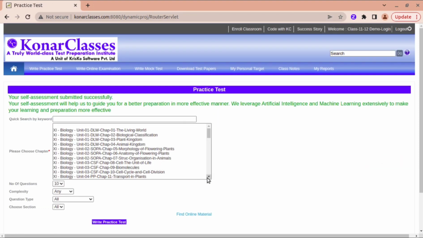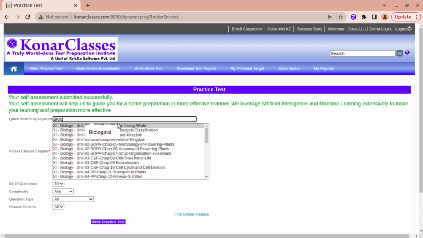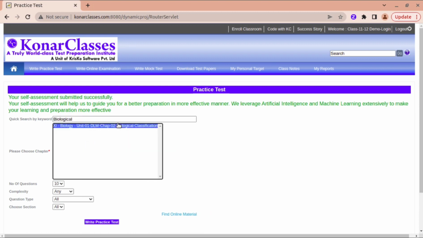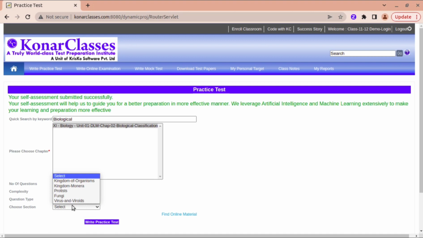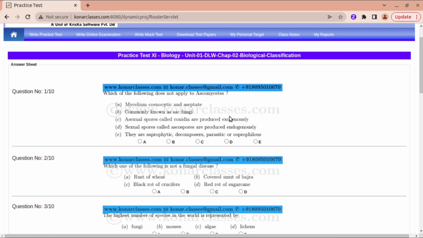Okay, lastly, from a biology topic, let me go with biological classification. Complexity low, question type all, and choose section. Suppose I select fungi, and click practice test. So 10 questions from that particular section of biological classification will come.